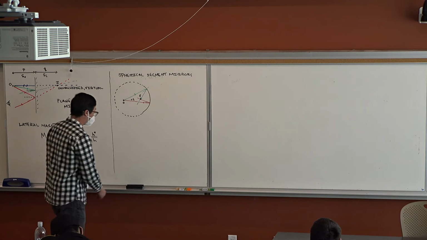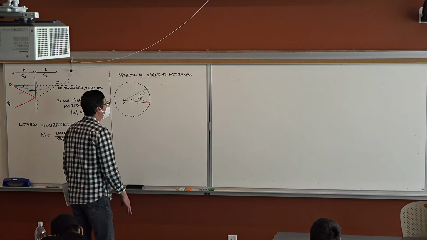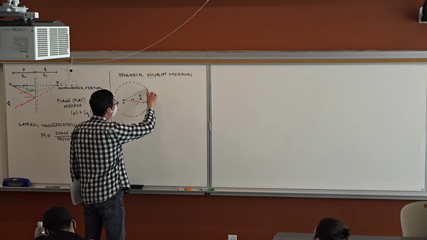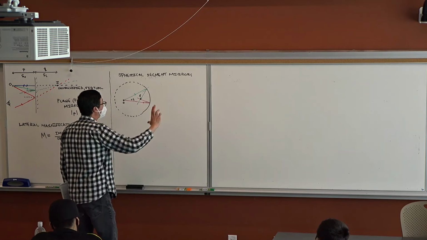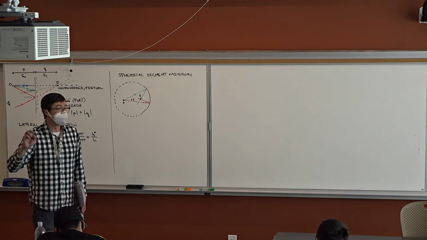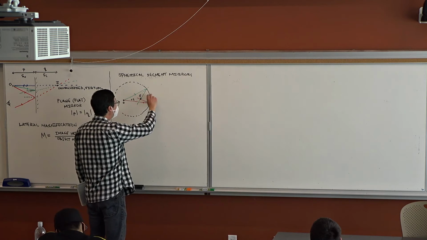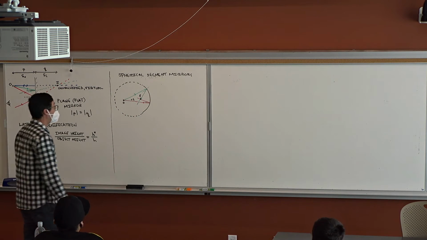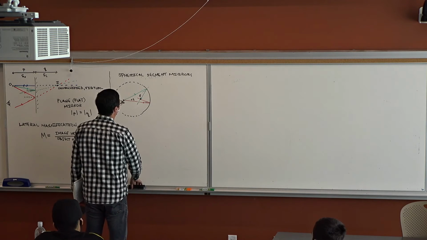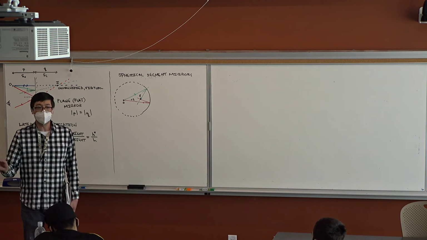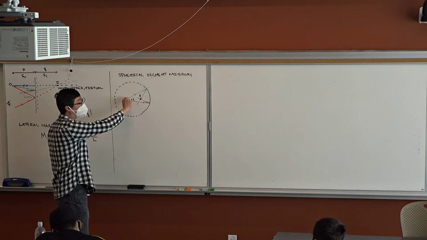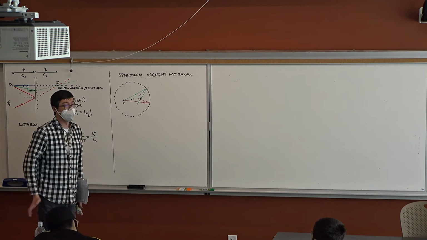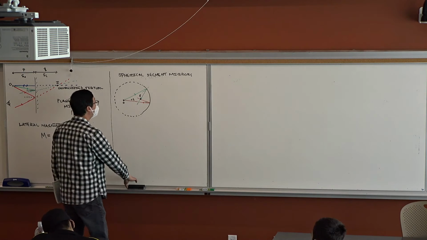In truth, because of something called spherical aberration, it's really only paraxial rays that exactly go through the focal point. But in our idealized case where this angle is small, then every ray is practically paraxial.